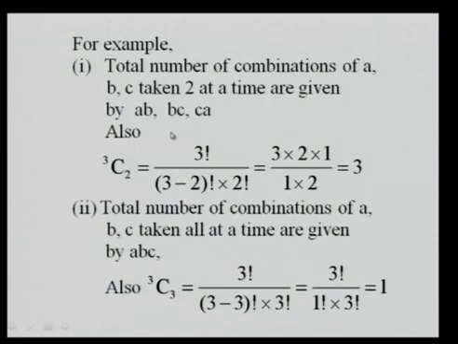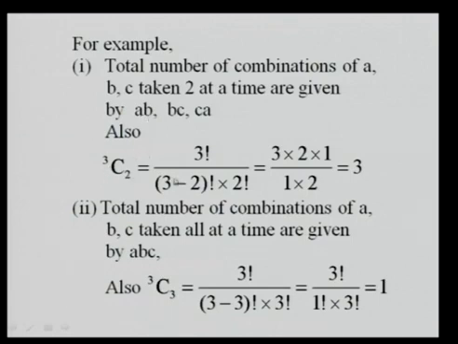In a particular case, if we have 3 letters A, B, C, and we take 2 at a time, this can be written as AB, BC, CA. Recall that in case of permutations, taken 2 at a time, we have AB as well as BA, because order matters. But here in combination, order does not matter.